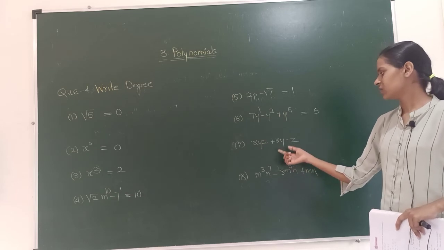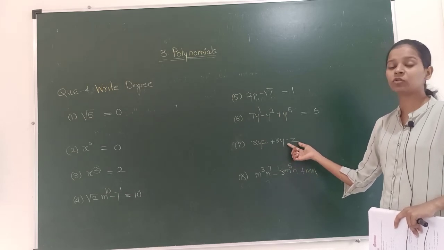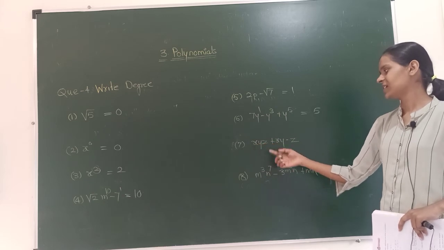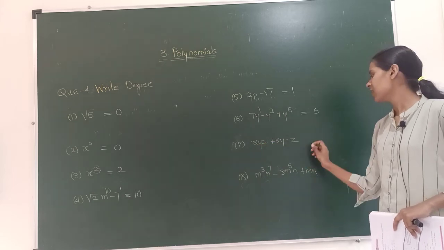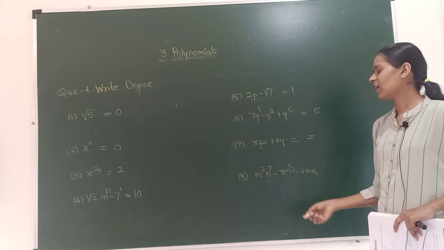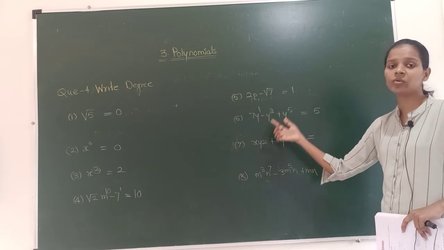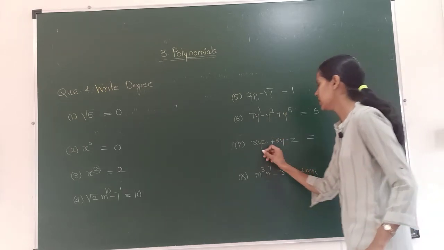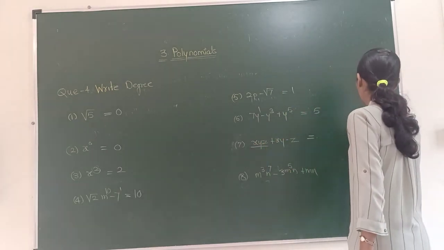But when it comes to a polynomial in more variables, here you can see x, y, z, there are 3 variables. Then what do we have to do? We have to add the powers for each term. For this term we will count x, y, z.